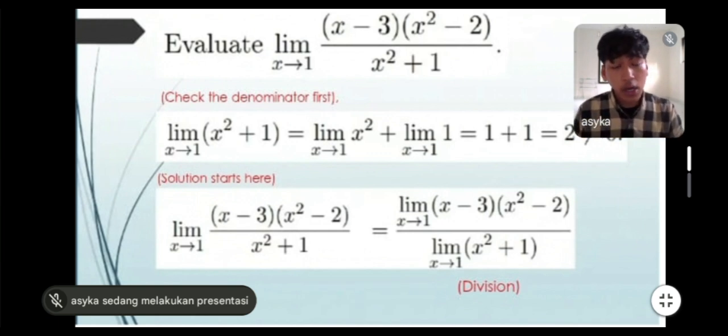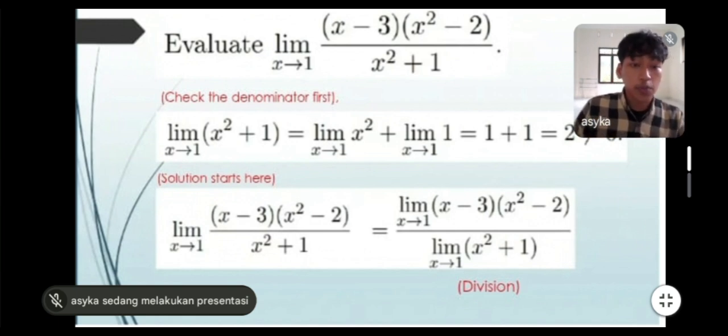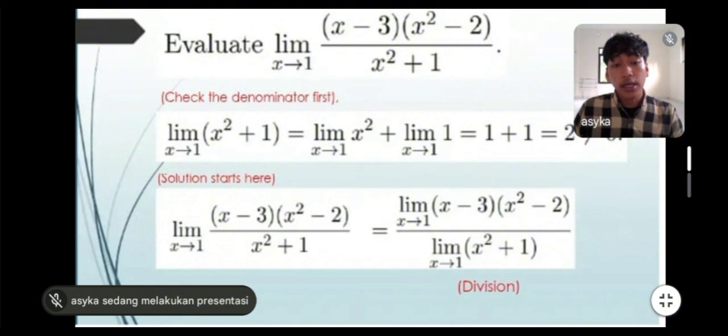The denominator is not equal to 0. The limit as x approaches 1 of x squared plus 1 equals the limit as x approaches 1 of x squared, plus the limit as x approaches 1 of 1, equals 1 plus 1, equals 2. It is not equal to 0.